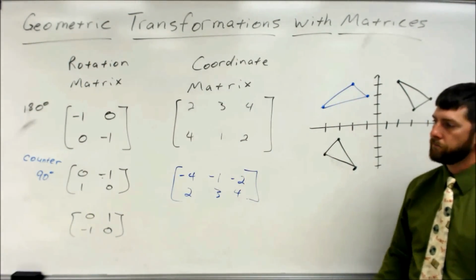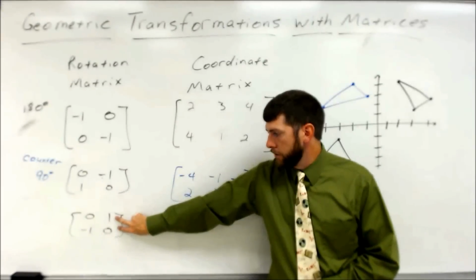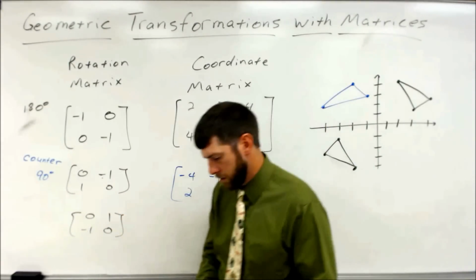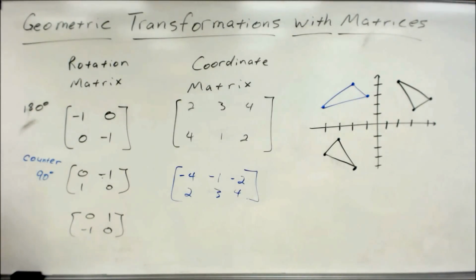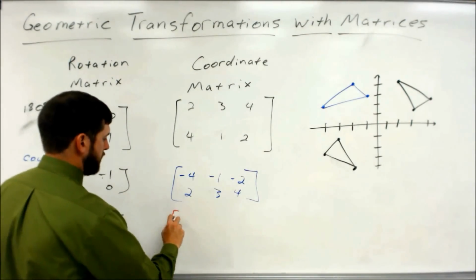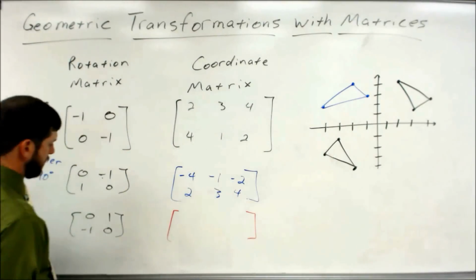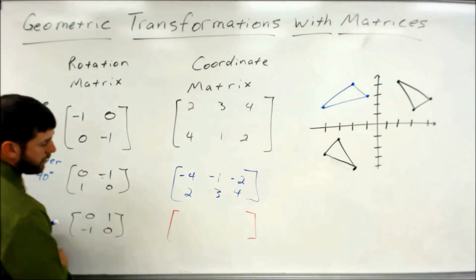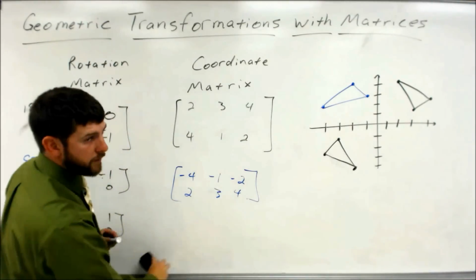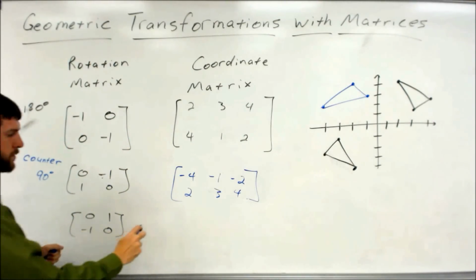Well, let's look at the last one. We're going to again flip these two rows. I'll graph it in red, but we'll do the work in blue so we can see it.